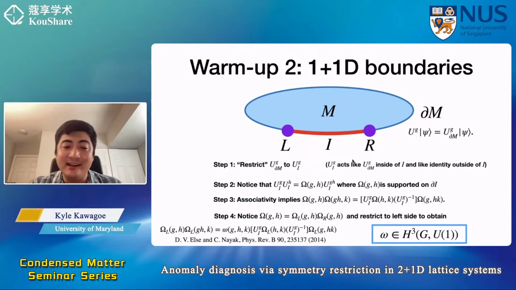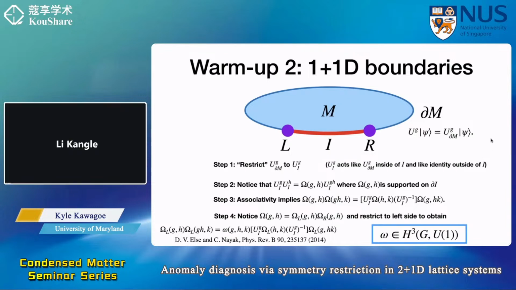So that is, you're acting like the identity. Now, that means that when you multiply UG times UH, and then multiply that by UGH inverse on the right, that operator acts exactly like the identity outside here. And you can show that it must act as the identity inside of here as well. The only operators which are unitary and have this property are supported just on L and just on R. Okay, I see. Thanks. Yeah, certainly.